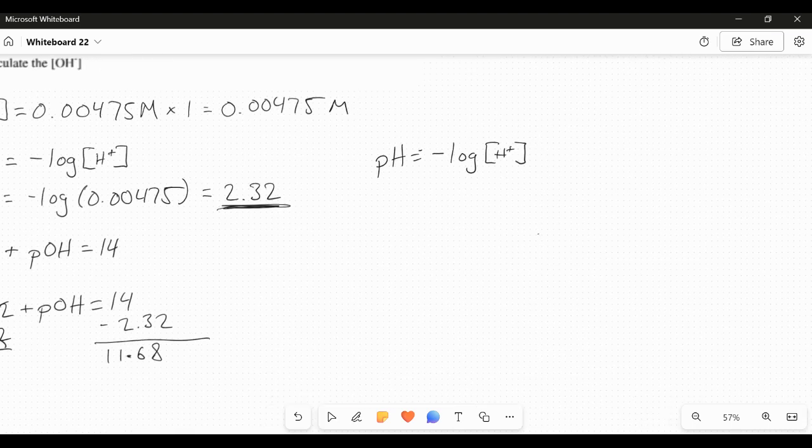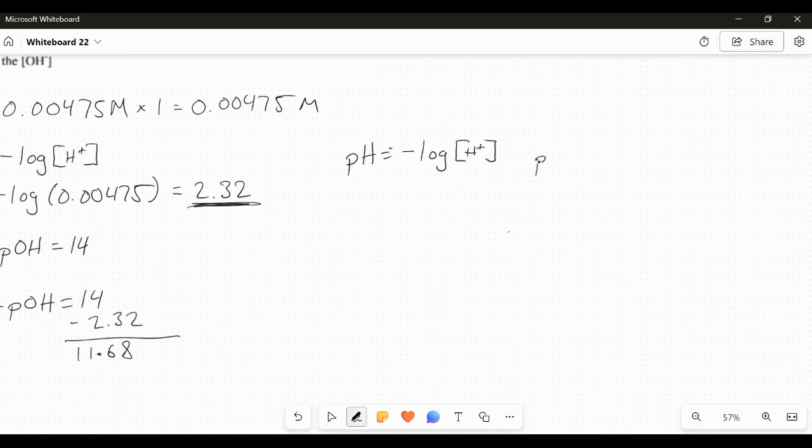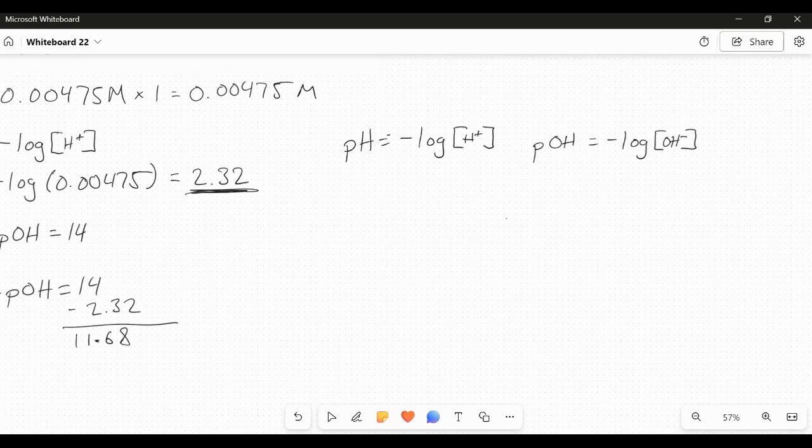Well, the pOH is basically the same thing, but for hydroxide ions. pOH is equal to the negative log of the concentration of hydroxide in the solution. So the math operation is the same. It's just what concentration you're dealing with that's changing.